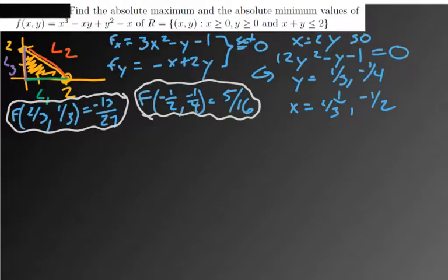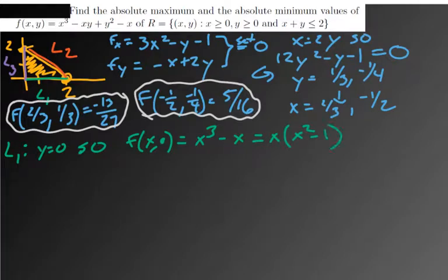Okay, so we'll do line 1 first. Line 1 is the green one, and here we have that y equals 0. So the function just looks like x cubed minus x, which we can factor an x out of, getting x squared minus 1.